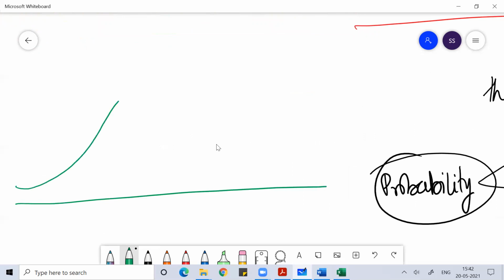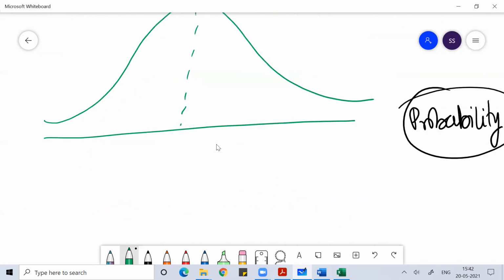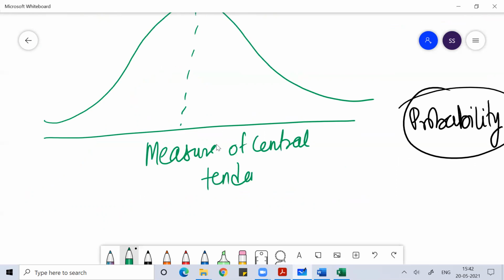In a bell-shaped curve, we believe that whenever we express data, the maximum data will aggregate at the center, which we call the measure of central tendency. This measure of central tendency we'll discuss today, and we'll do all possible numericals that can come from this topic.